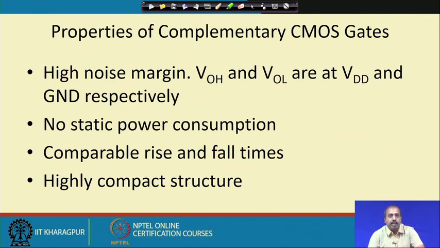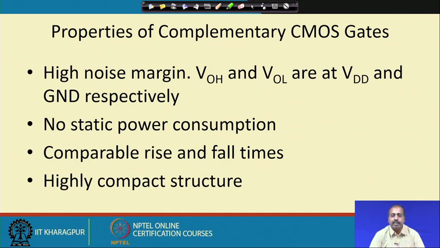It has high noise margin. We will explain this term in the next few slides. VOH means the output voltage level which we consider to be high. We have VDD, the supply voltage, which may be close to say 5 volt, and VSS or ground, which is 0 volt.